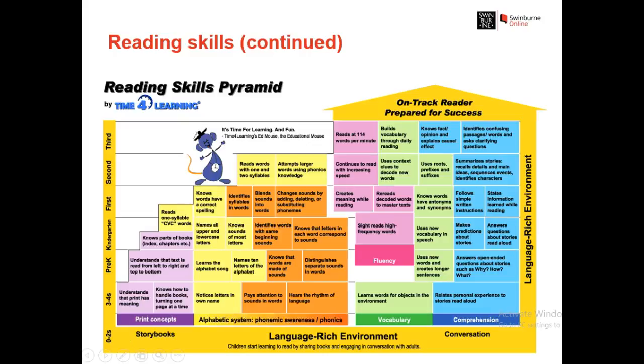Phonemic awareness is understanding that letters or the sounds within our speech can be represented by symbols in printed text. There are 26 letters in the alphabet. There are 44 phonemes in our language, and phonemes are our sounds of speech.